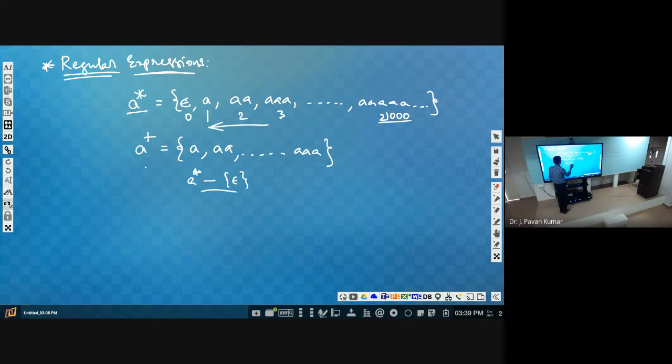A star minus epsilon is nothing but A plus. Whenever we represent A star, it can consist of any number of A's. A plus means starting from 1, we can have any number of A's. Okay, that is A plus.